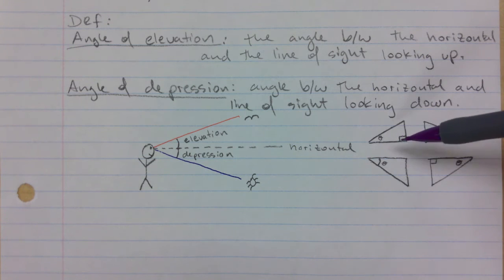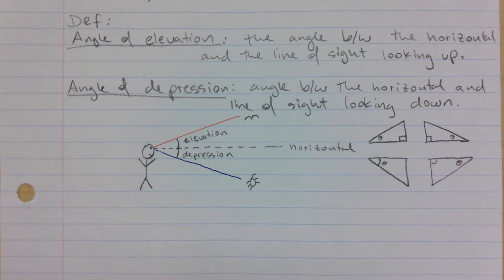And angle of elevation, obviously a person's looking at a tree or at a plane or something flying up there, a kite, a blimp. You name it, angle of elevation.